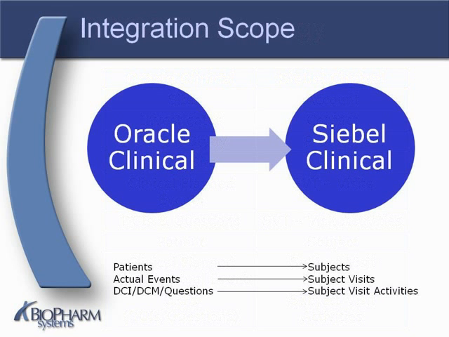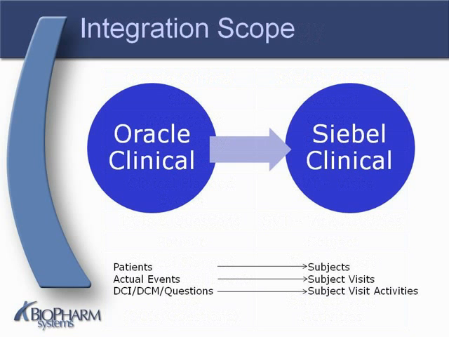When we were analyzing the requirements for this interface with Cavidan, originally we looked at a potential two-way interface where Siebel Clinical would first set up the study, contacts, accounts, and sites within Siebel Clinical, and then automatically interface to Oracle Clinical to set up the same objects in Oracle Clinical and RDC.